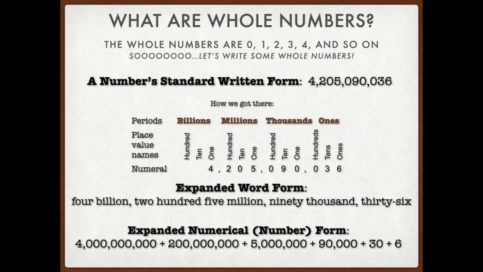So we're having them separate, showing each place value. That's the expanded form. So please reach out to me if you need help with the written numerical form, the word form, and the expanded form.